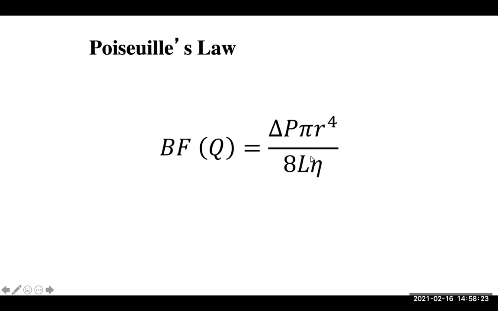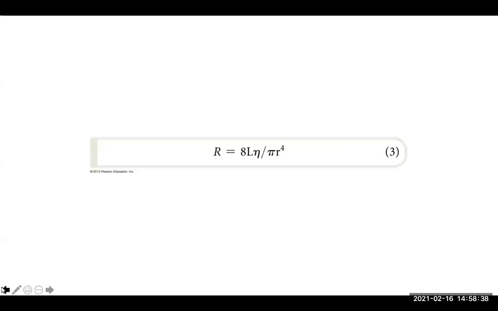But here's a couple of good things to note. Resistance is the opposition to blood flow and therefore is inversely proportional to blood flow. So for example, if resistance increases, blood flow will decrease. So they're oppositely proportional.